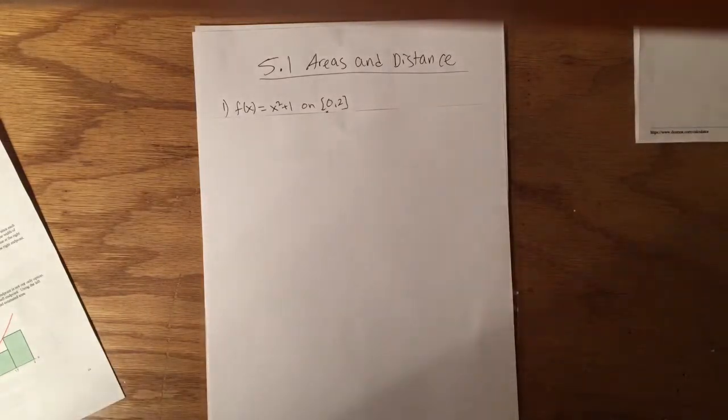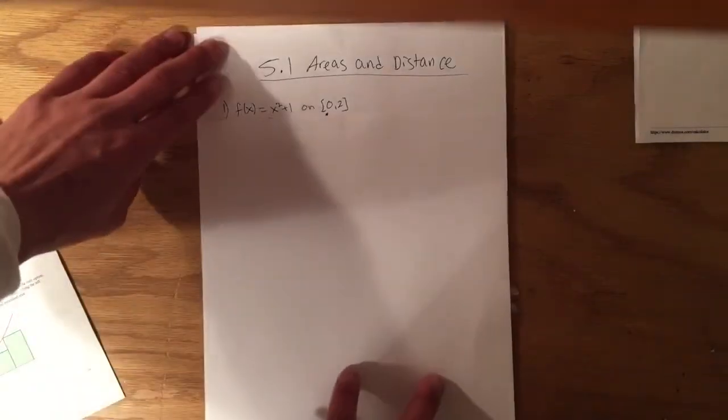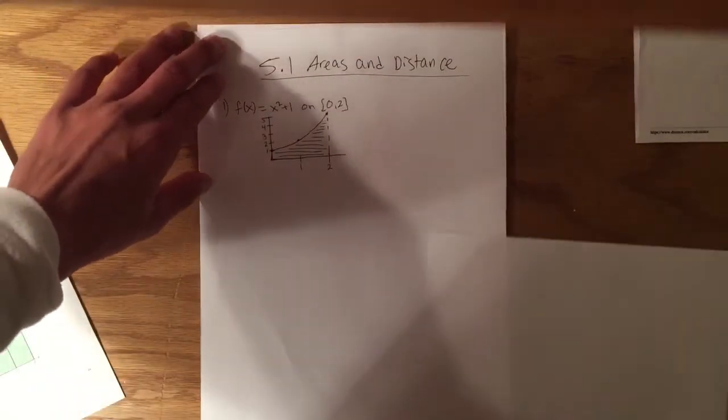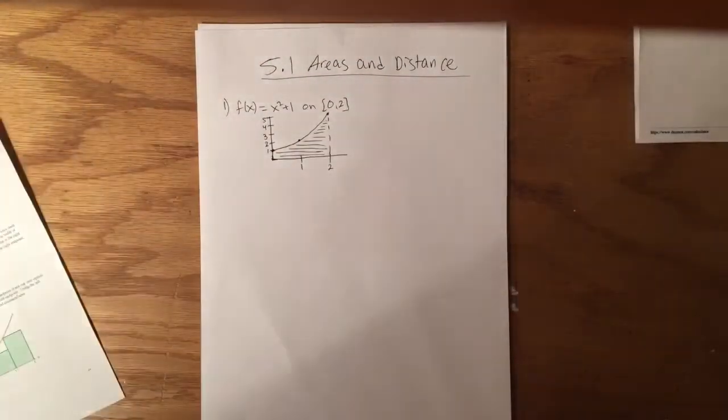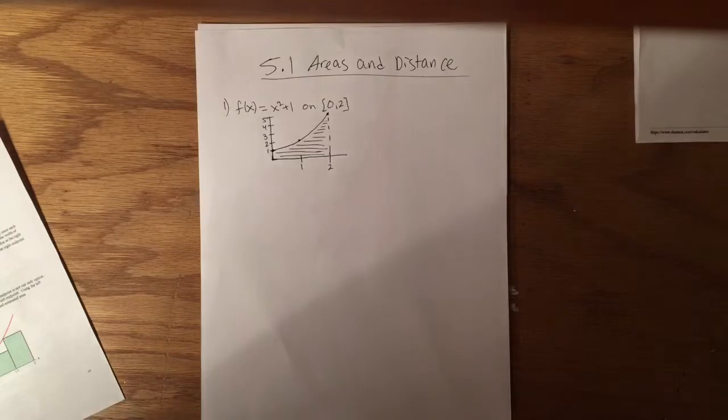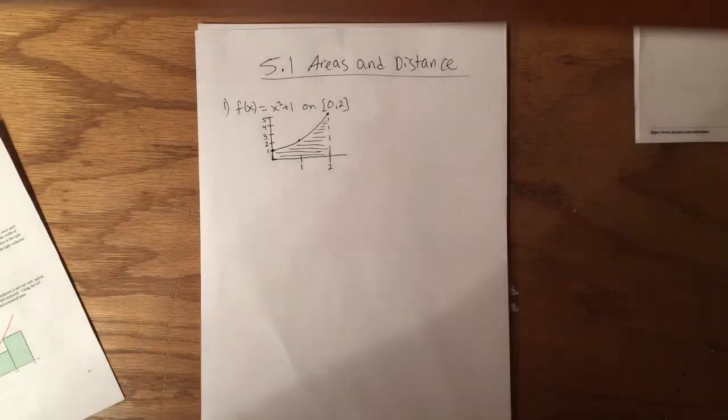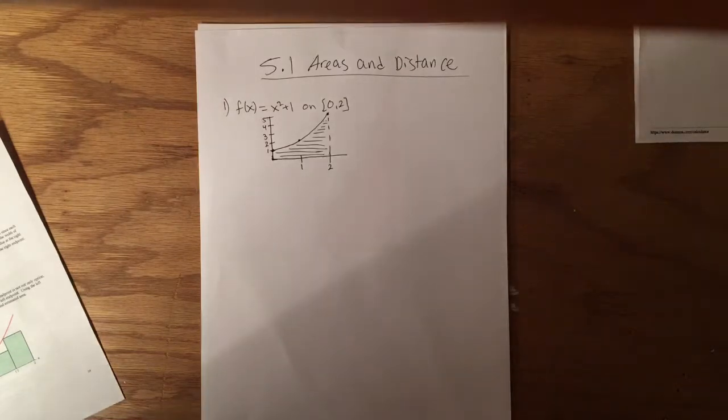What I like to do first is draw it. So I drew it here. This is what the equation looks like on that interval from 0 to 2. To find the area under the curve, we can't find the exact amount, but we can find estimates.